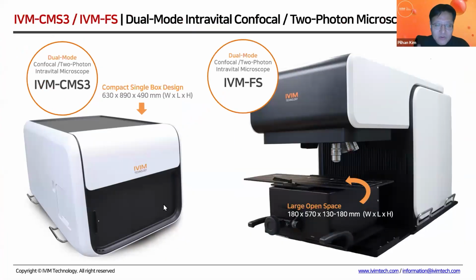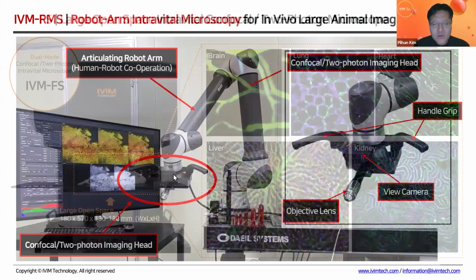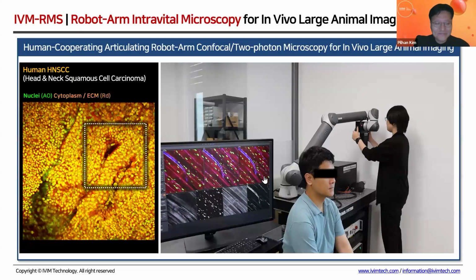Even our standard microscope can handle mice and rats. And this modified version with a large open space can handle even larger animals like a ferret or even a rabbit. And for even larger non-human primates, we have another option like this robotic arm system. I think I have answered your question.